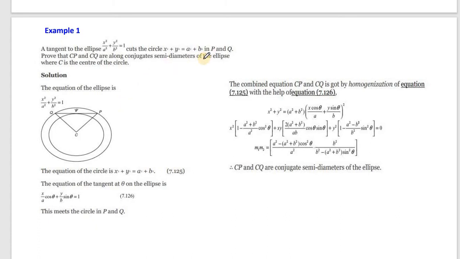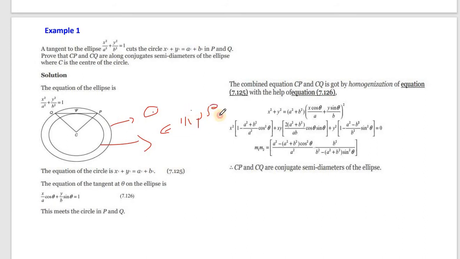So here we have one director circle, and we have the standard ellipse. What is given is a tangent to the ellipse. This tangent cuts the circle. So the outer one is your circle, and this one is your ellipse.